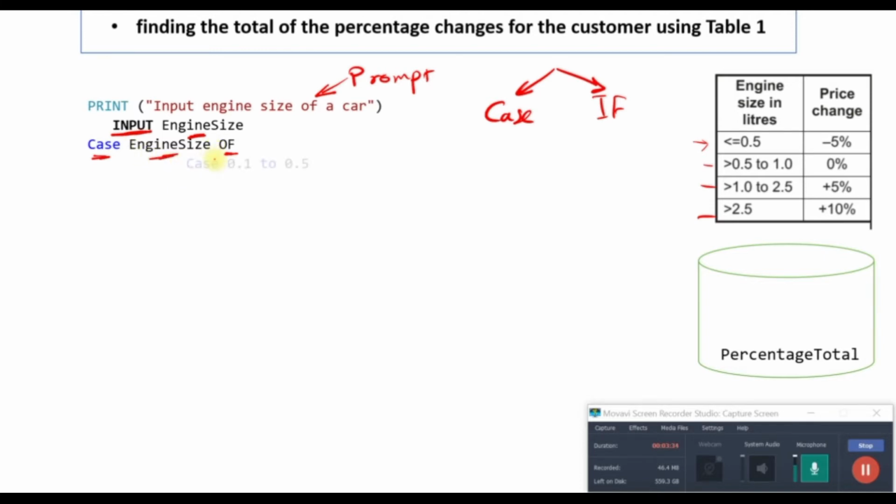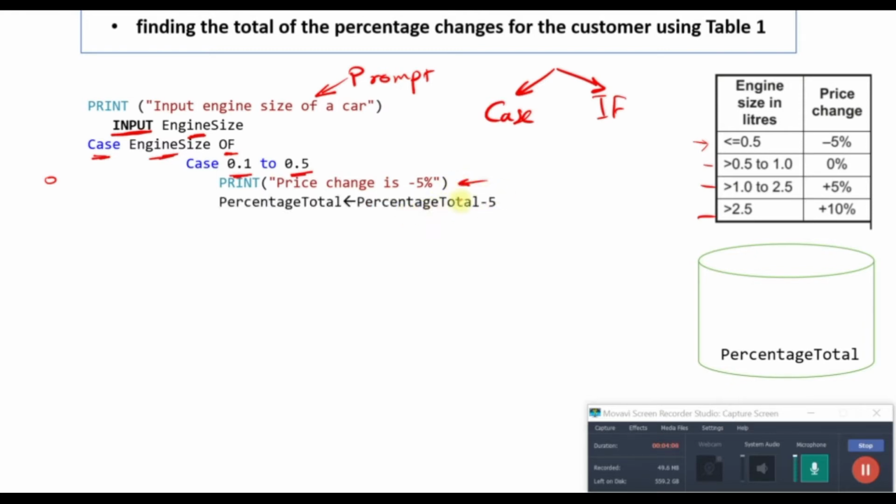The first case is between 0.1, because the engine cannot be less than this, cannot be, for example, 0 or something. The engine should be at least 0.1 to 0.5. What if the engine ranges between these values? Then print price changes negative 5%, although this is not a requirement, but just to show our input.